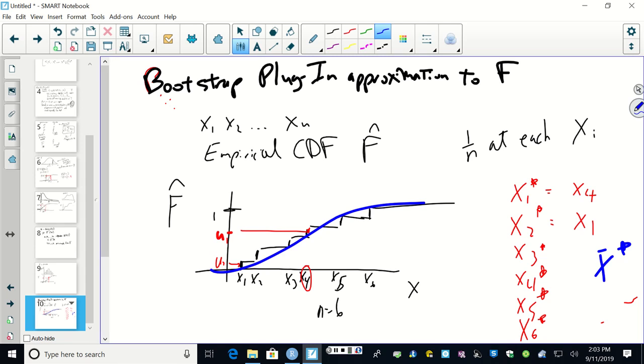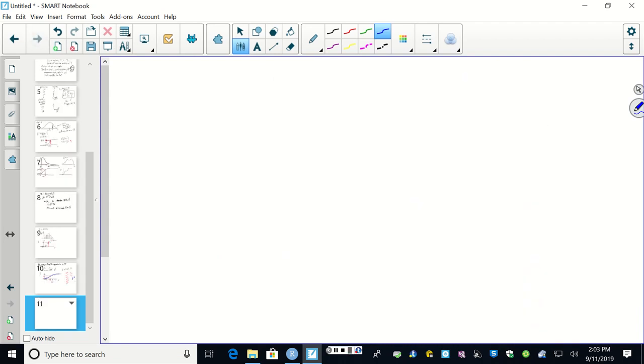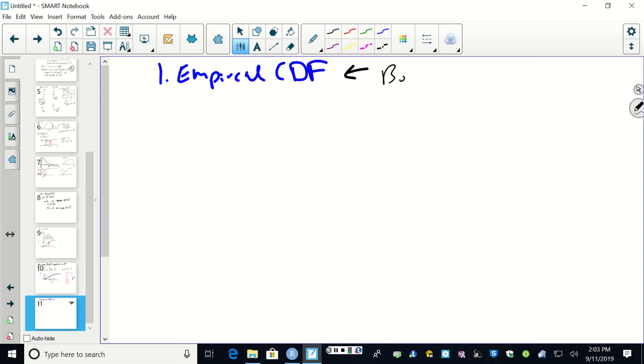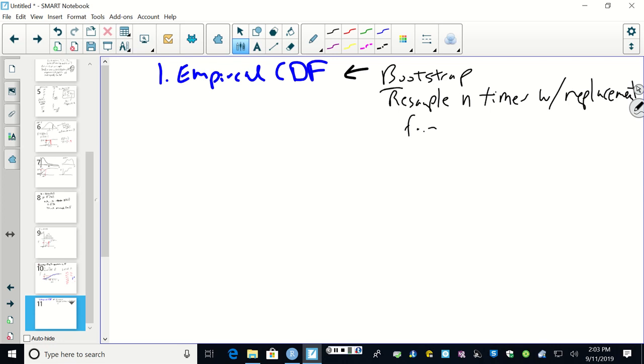So one way, the empirical CDF, is the bootstrap: resample n times with replacement from our original data.